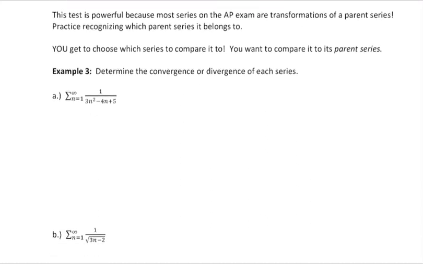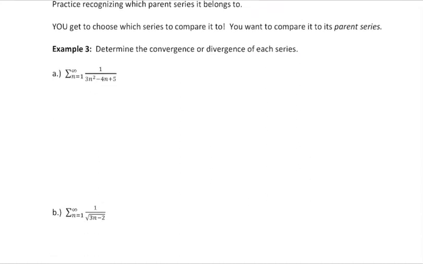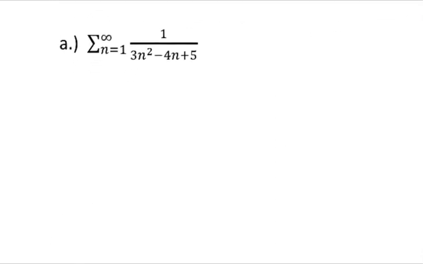So for example, A, we want to determine whether the series converges or diverges. We want the sum from 1 to infinity of 1 over 3n squared minus 4n plus 5. Well, I see right away that this is a polynomial with a power of 2.